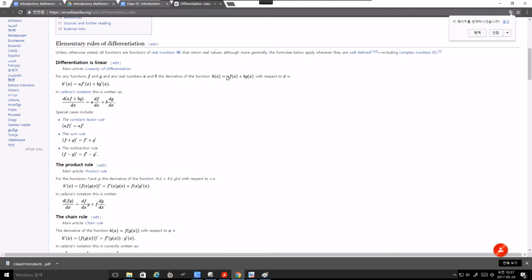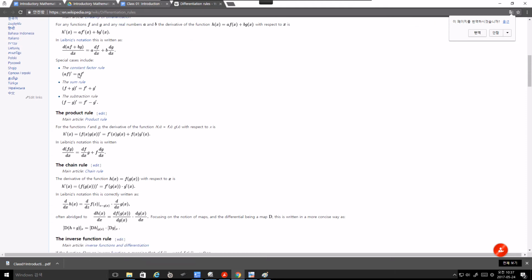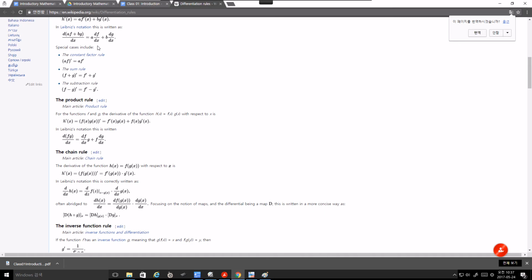It means that h prime(x) is a f prime plus b g prime. In Leibniz notation, d(af + bg)/dx is a df/dx plus b dg/dx. Now the constant factor rule, (af)' is a f prime. The sum rule, this one, are all special cases of this one, linearity.